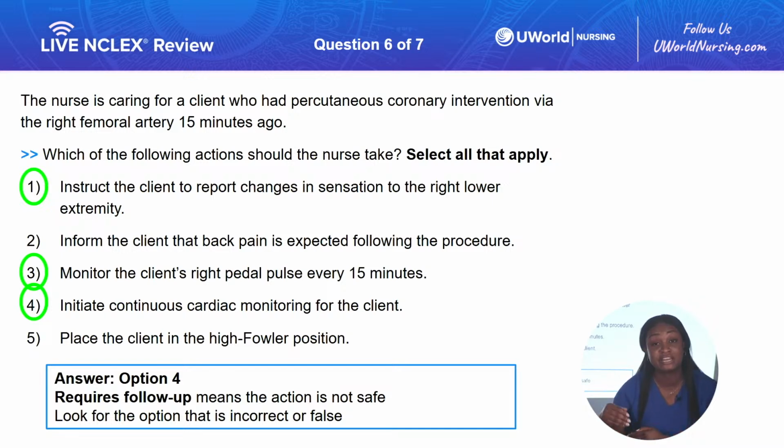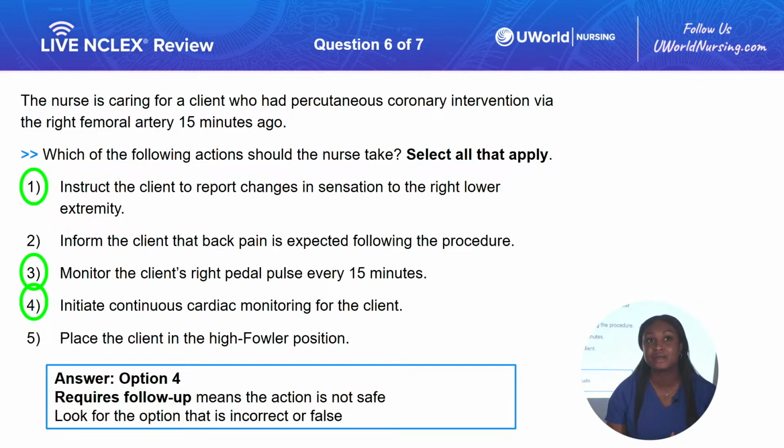Since they went in through the femoral artery, you want to make sure you are still getting adequate blood flow to the distal part of that extremity. If they experience numbness, tingling, or coolness, we would notify the provider so they can make sure there's not a clot forming or a hematoma. That is why option 1 is correct.